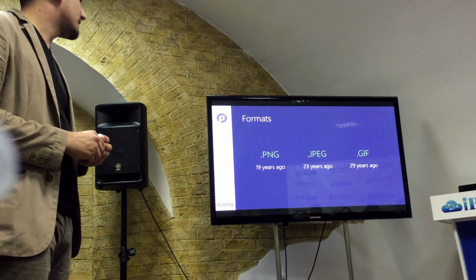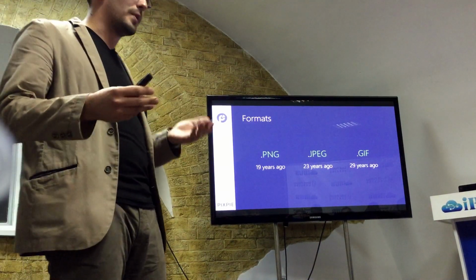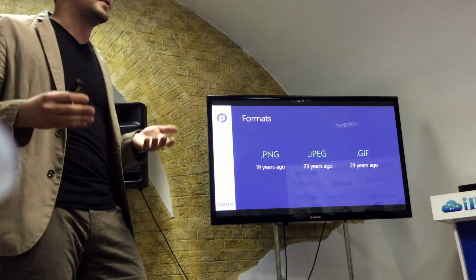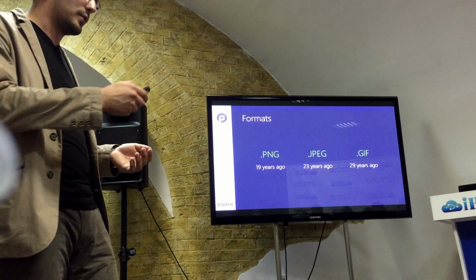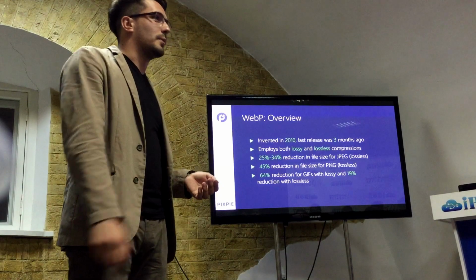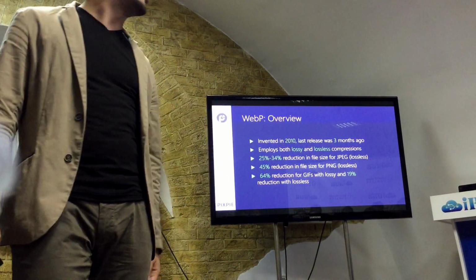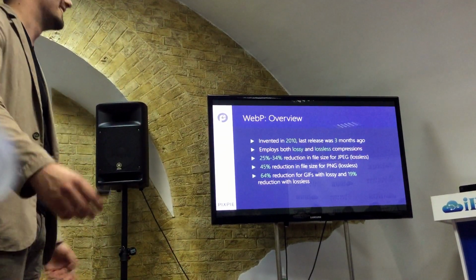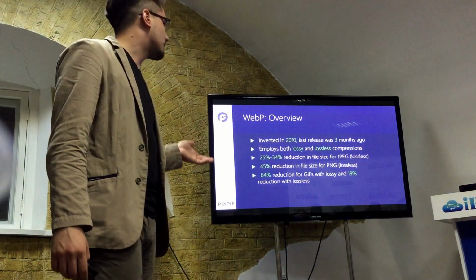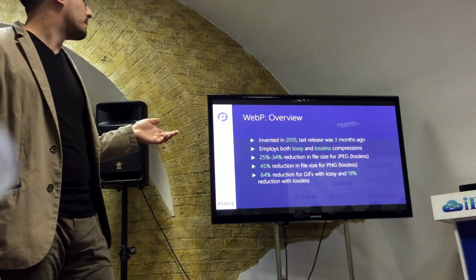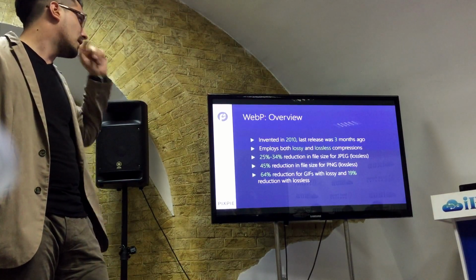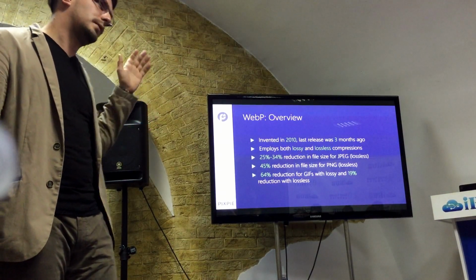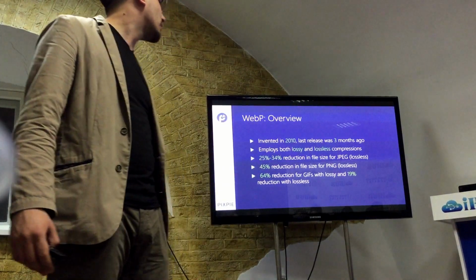So what I suggest is to use new formats that are developed and supported by world-famous companies. For example, the WebP format, by Google, of course. It was invented about 5 years ago, and developers from Google provide updates. The last was 3 months ago, and it deploys both lossy and lossless compression.